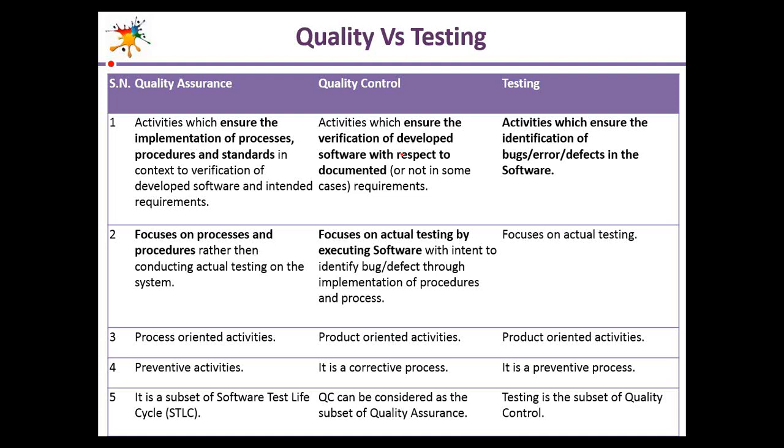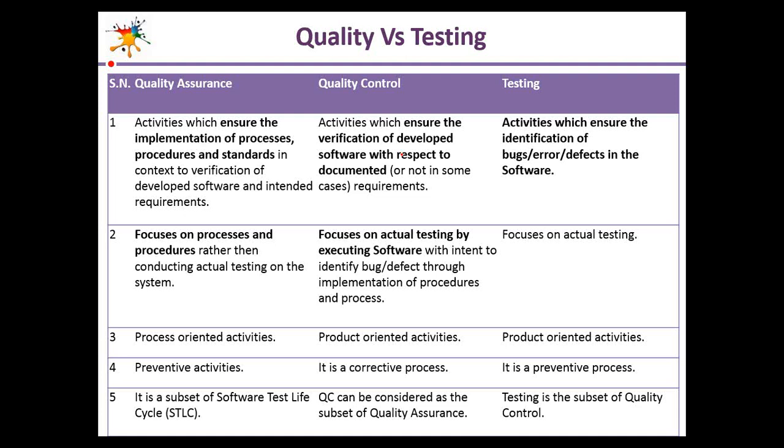Again, quality assurance focuses mainly on the processes and procedures rather than conducting the actual testing on the system, whereas quality control focuses on actual testing by executing software, and testing is always focused on the basic level testing.